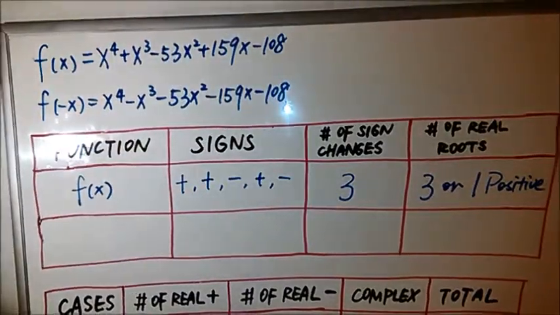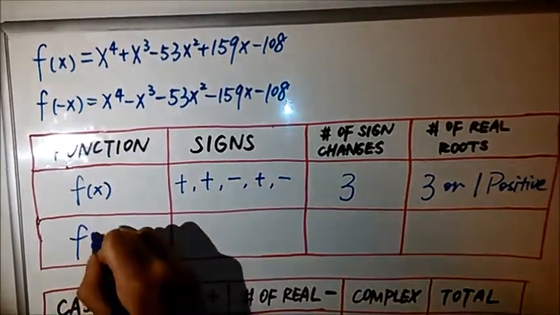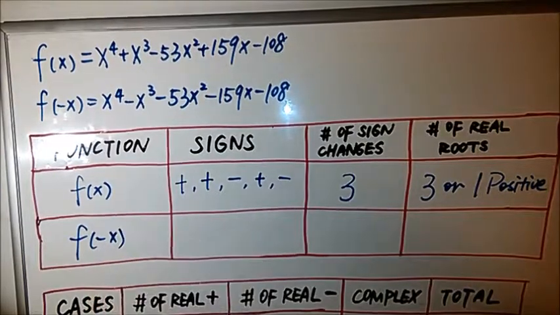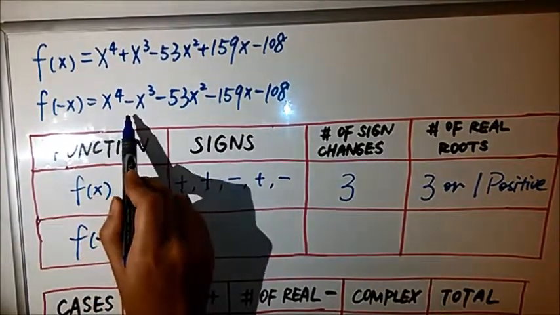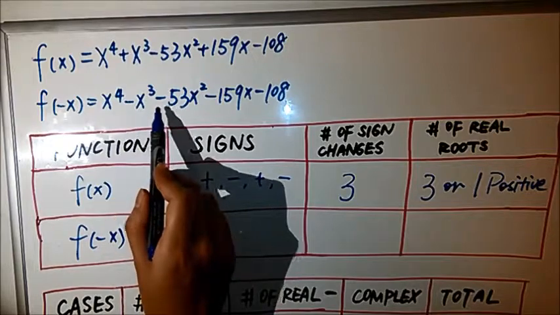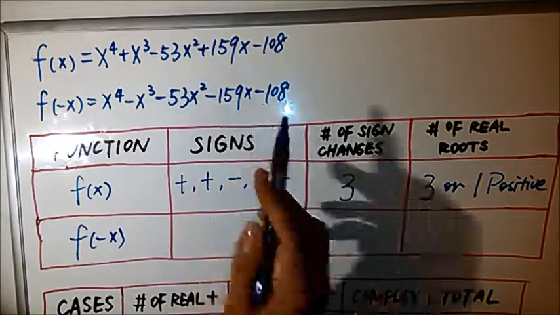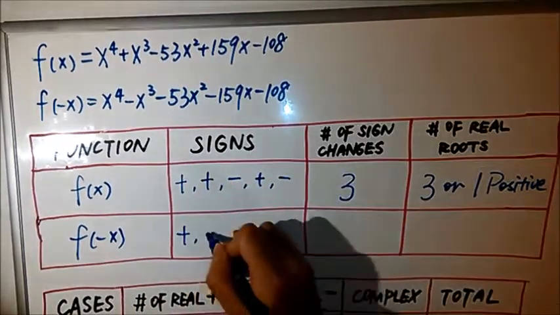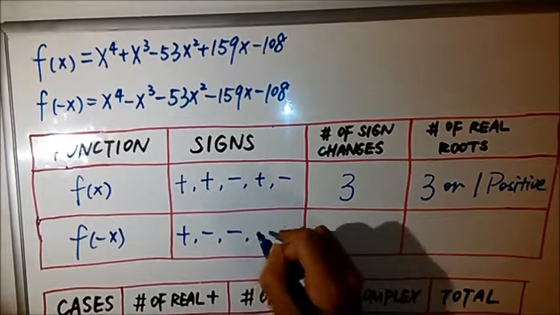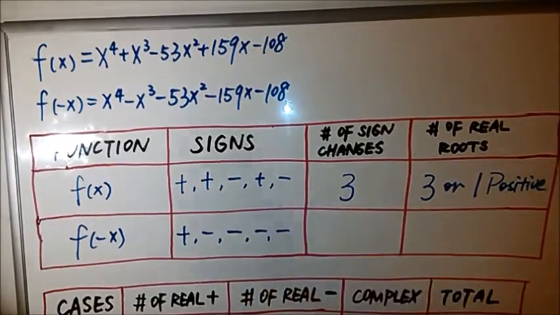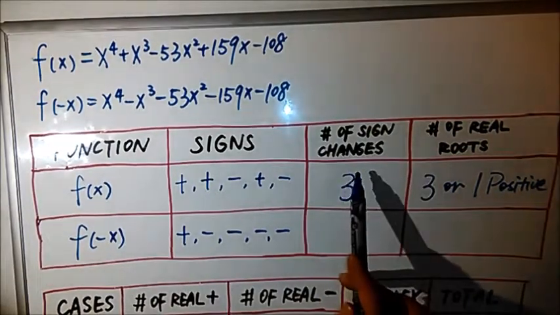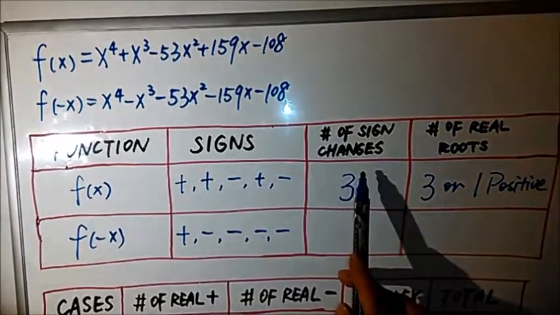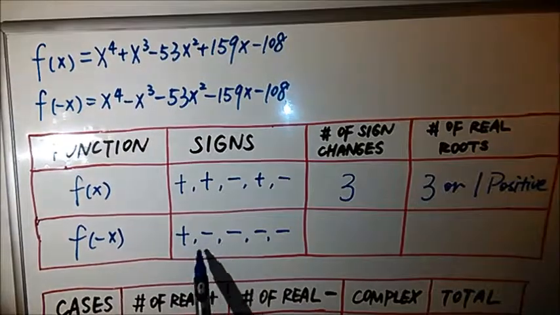So the signs in f of negative x are positive, negative, negative, negative, negative. So let's put it in. Positive, negative, negative, negative, negative. What is the number of sign changes? We have positive, and it changes once. It doesn't change again.